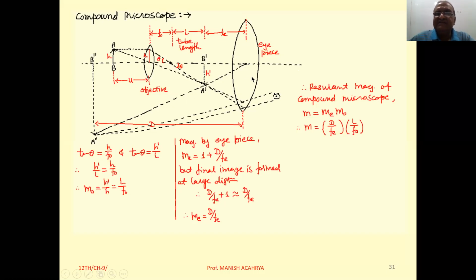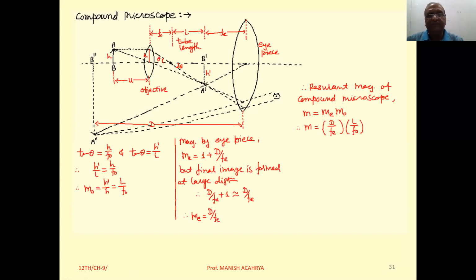This larger lens is known as the eyepiece. Here the first lens, the objective, will form the image of the object, and that image formed by the objective lens will behave as an object for the eyepiece, and then finally the eyepiece will form the image.